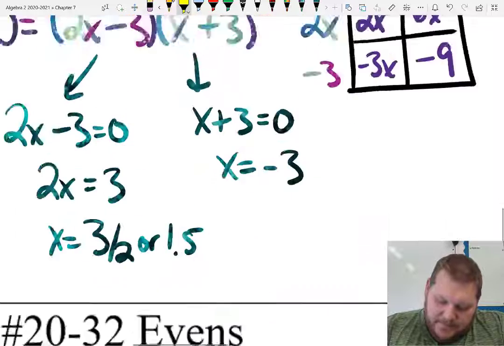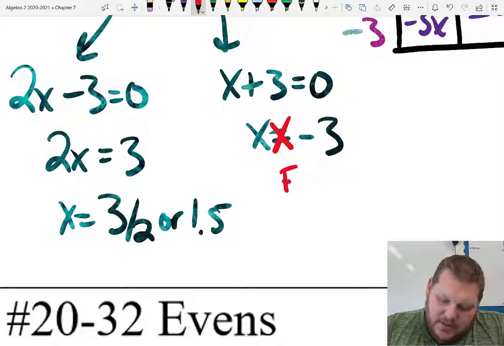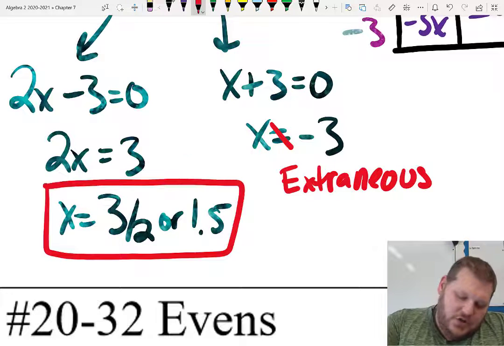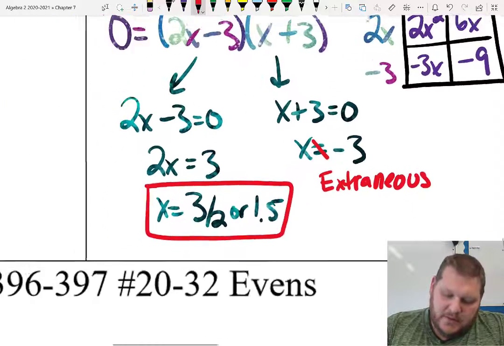So in this case, negative 3 is not a solution, because again, I'll just do one direction there. This is once again extraneous. So that tells me that just 1.5, or 3 over 2, is my solution.